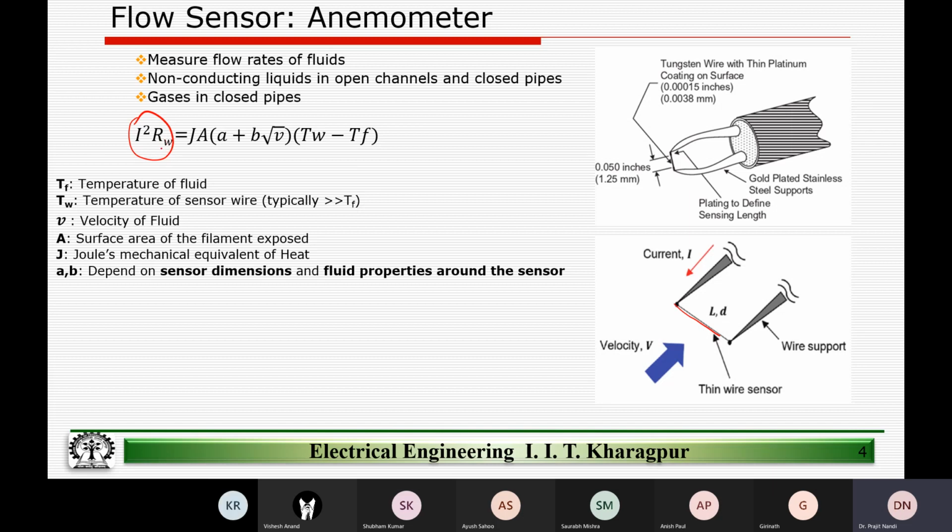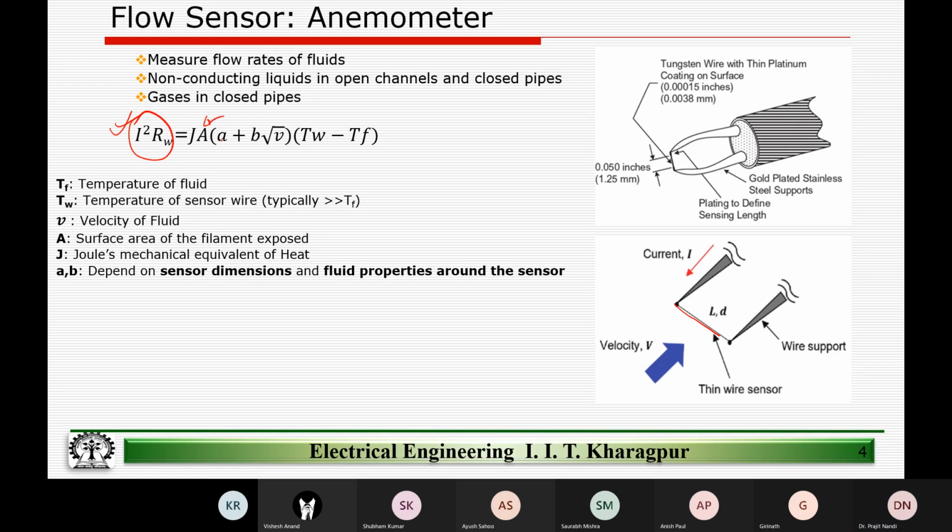You can think of it as tungsten also, if the wire is made of tungsten. So the heat generated is this, and this will be equal to the heat that is being dissipated in the fluid. The derivation of this is beyond the scope of the subject, but we can all understand what the heat dissipated will be.